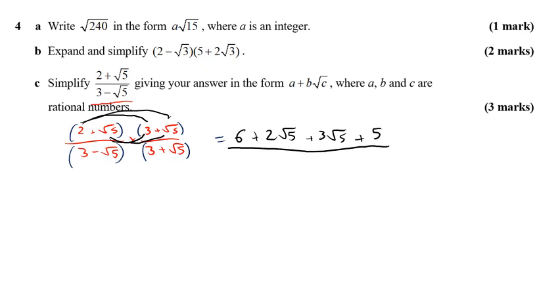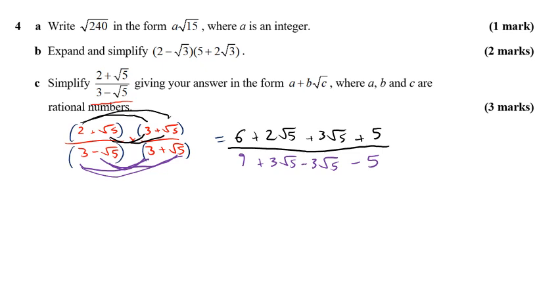Then, on my denominator, same idea, we are going to do 3 times 3, which is 9, 3 times root 5, which is 3 root 5, negative root 5 times 3, which is negative 3 root 5, and then finally negative root 5 times root 5, which is negative 5. So almost there.